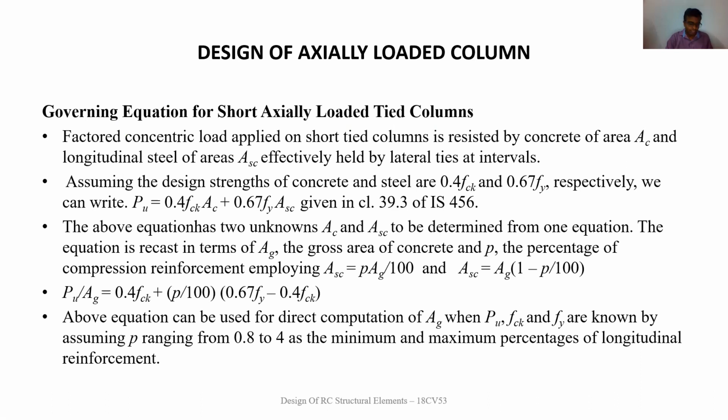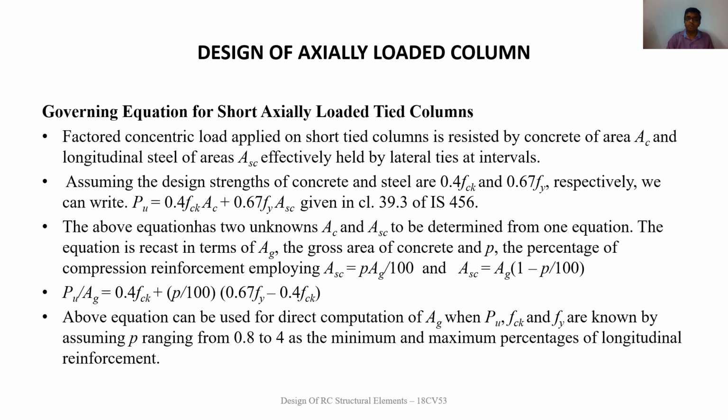It is hence necessary to keep the provision so that the short column can resist the accidental moment due to the allowable minimum eccentricity by lowering the design strength of concrete by 10%.